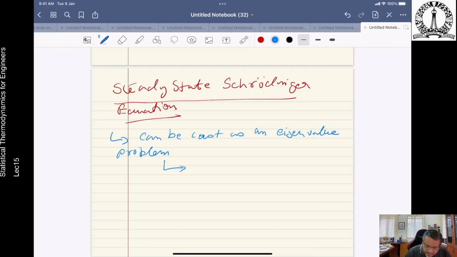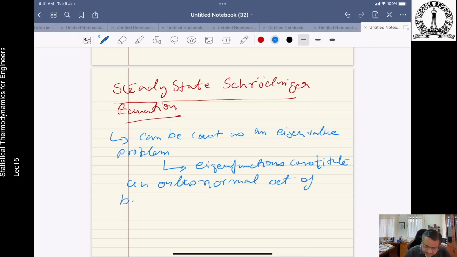In this eigenvalue problem, the wave functions, the eigenfunctions, constitute an orthonormal set of basis functions.